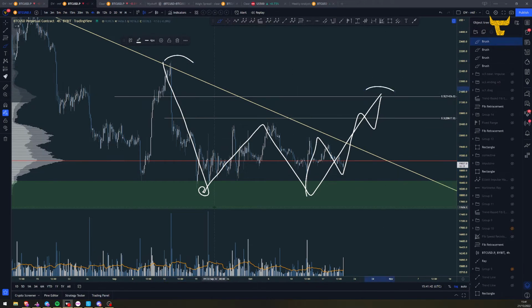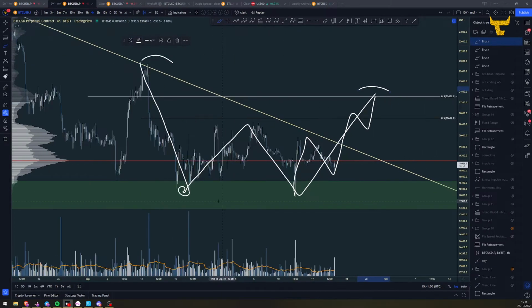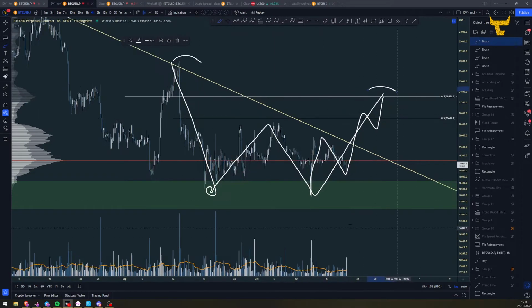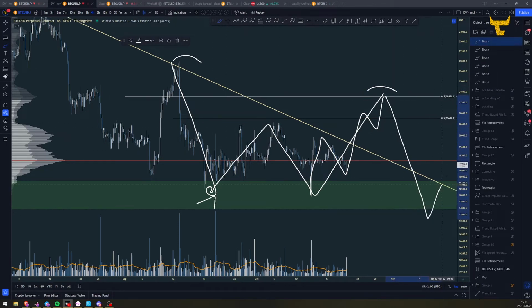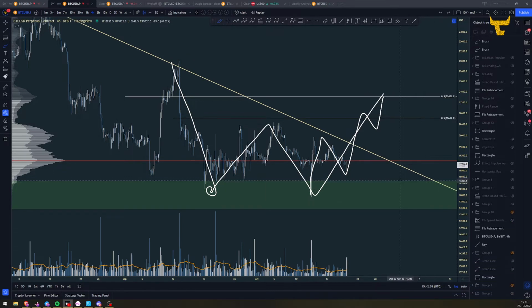If we make a lower high, potentially we have a corrective structure that says we still go down. It will make this a wave 1. We can count 3, 4, 5 maybe for an ending.